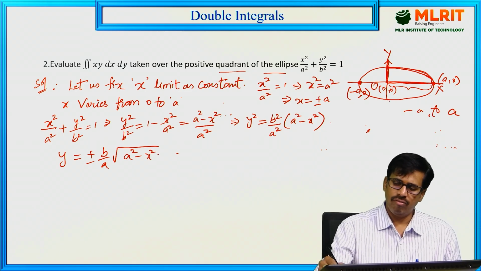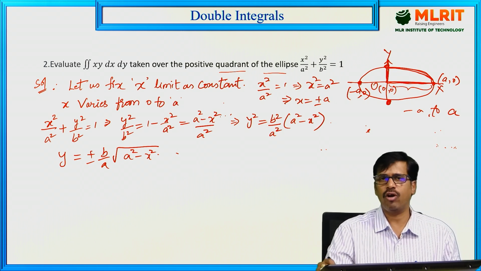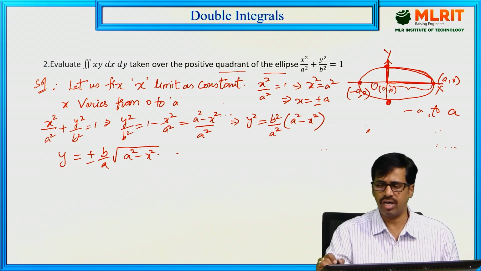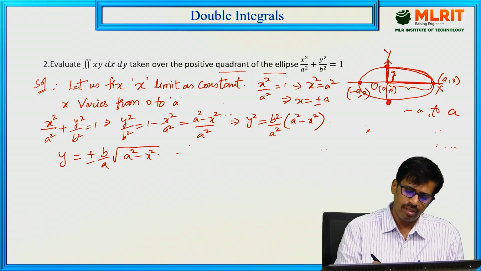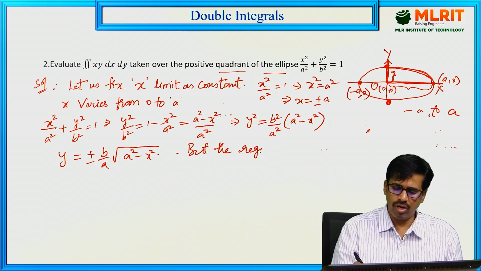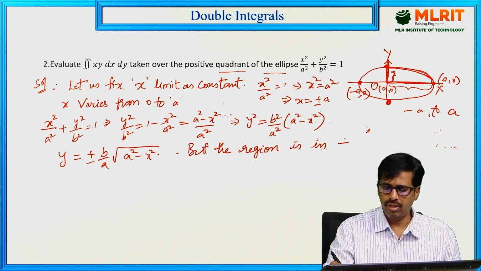Again, from this point is negative of y, this is positive of y. We are not considering the total ellipse, rather we are considering only the first quadrant. So I want only this part. So y varies from, but the region is in the positive quadrant, or first quadrant.